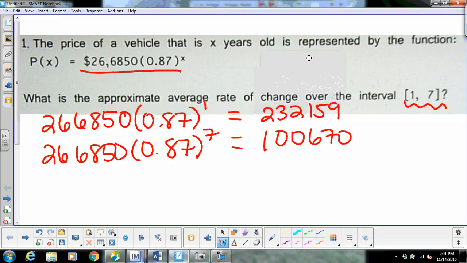So you'll see I got 232,159 and then 100,670.